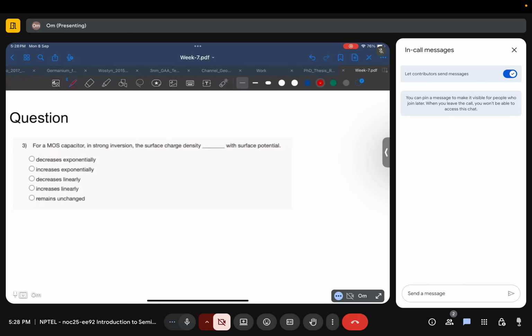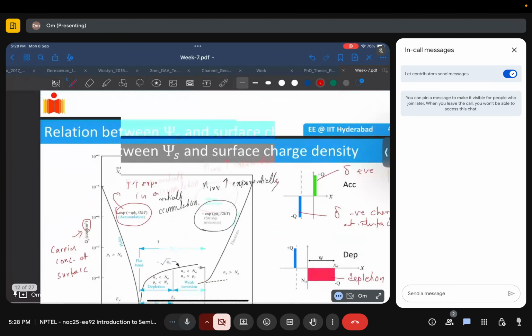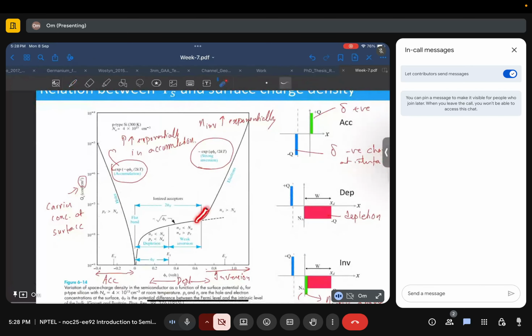So we know for inversion, if you remember this graph, it increases exponentially, right? This is inversion from here onwards. All this is inversion. So in inversion, your charge at the surface of the semiconductor increases exponentially.